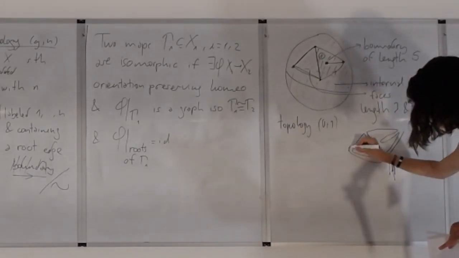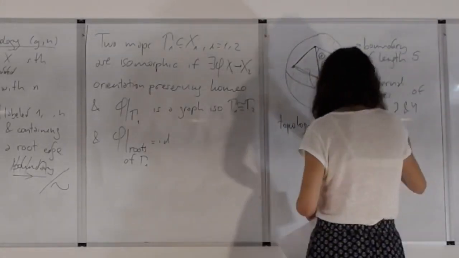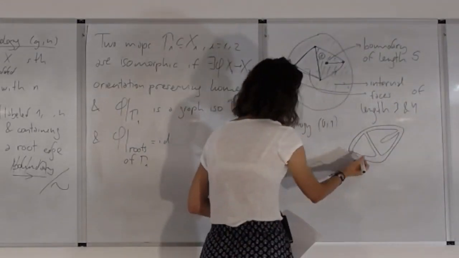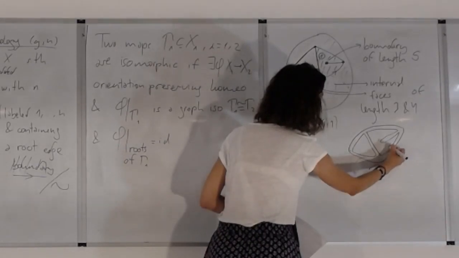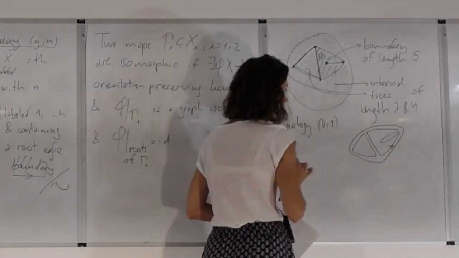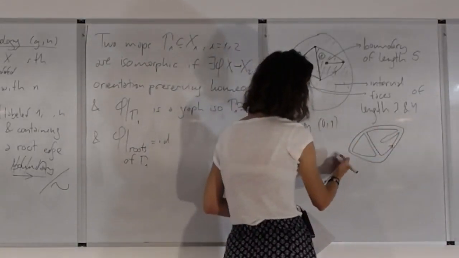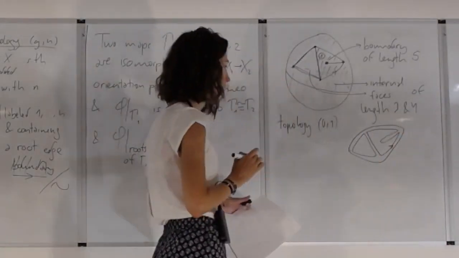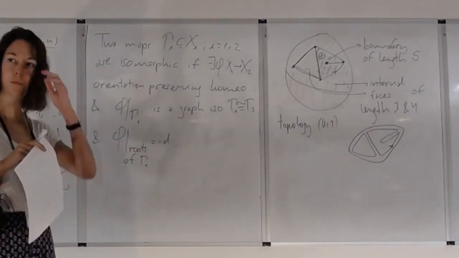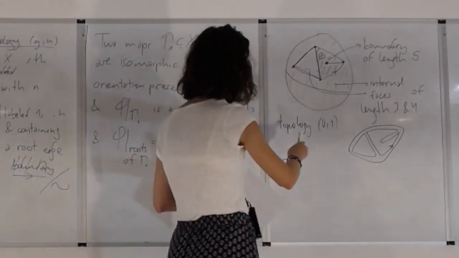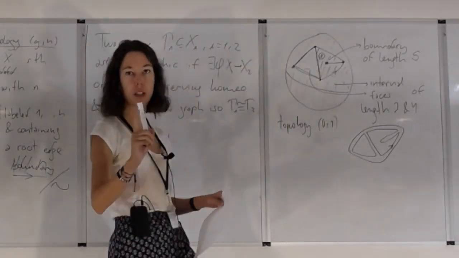So yes, this is the ribbon graph representation. I hope it doesn't make it worse, but this is the triangle, this is the boundary, that is a pentagon. So you can see here the two half edges glued together forming an edge, and then the exterior face, which is a quadrangle. Okay, is it clear? And this guy is of topology 0, 1 because it's drawn on the sphere, and it has one marked face, which is the boundary.